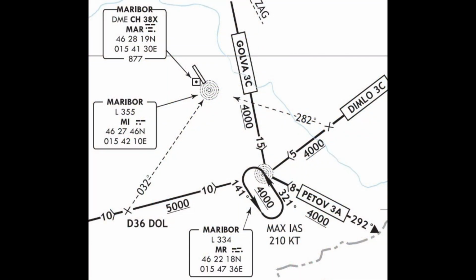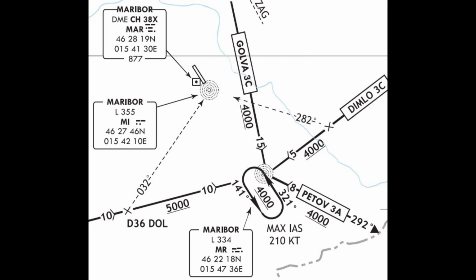If we take a closer look at standard arrival chart instrument for runway 32 at Maribor, we see these NDBs that are settled. One is Mike India and one is Mike Romeo. They both have next to their names also Morse code, so that you can listen in cockpit if you are tuned to the correct NDB.